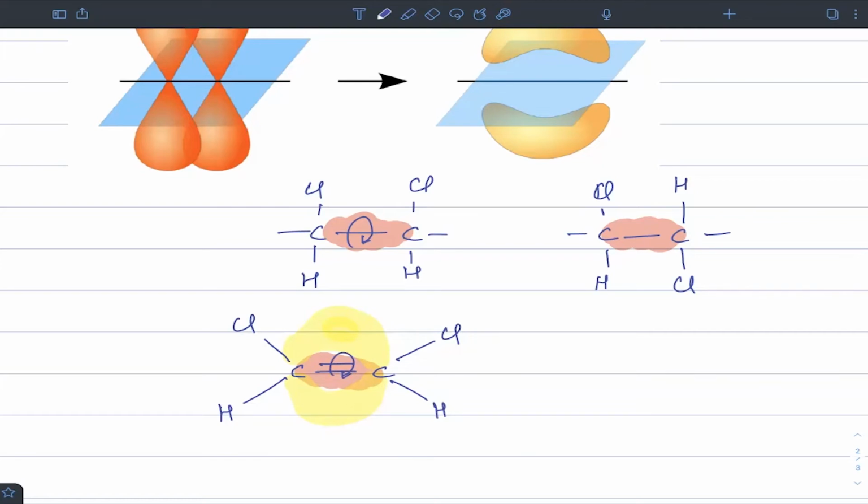But the moment I try to do it, if there's an electron here and there's an electron here, it can't rotate. It can't come down, because to come down, it has to first go right. It has to go back and then come down from behind. Do you get it? It can't jump directly from top to bottom, because two electrons are sitting in between. So it has to go to the side and then come back.